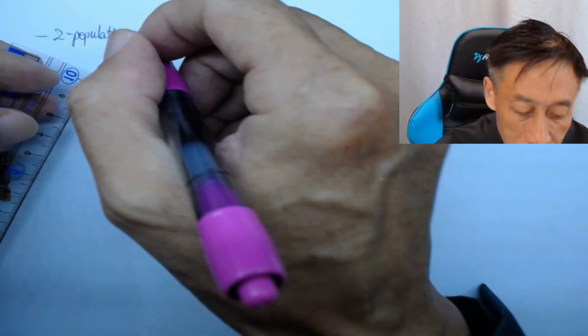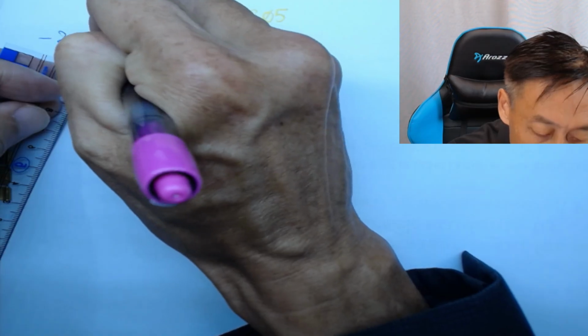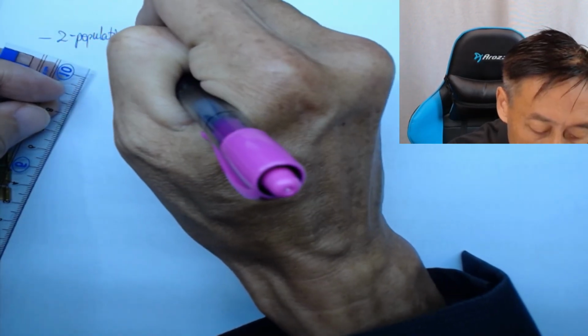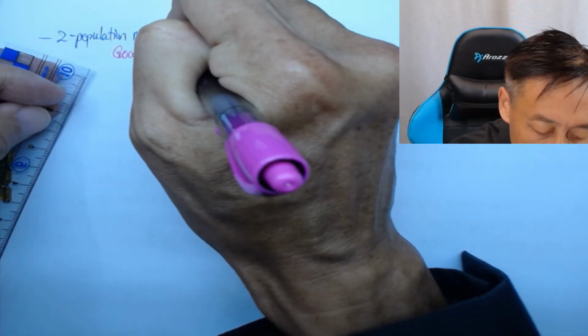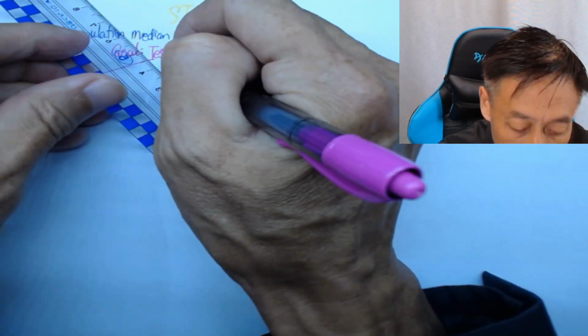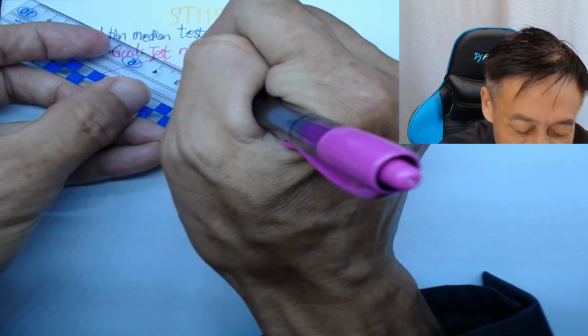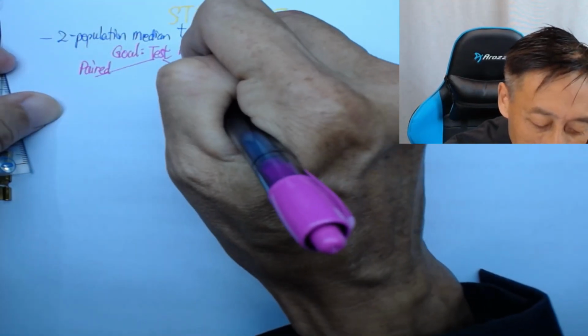There are branches because the goal is to test eta, the population median. So there are two branches depending on where we are heading: the paired test and the unpaired test.